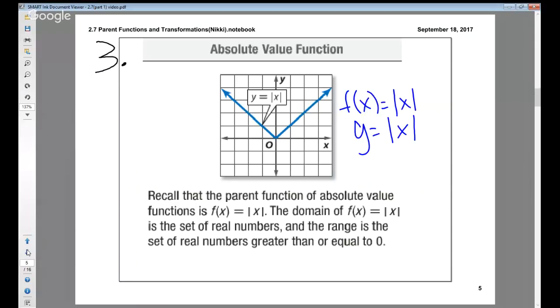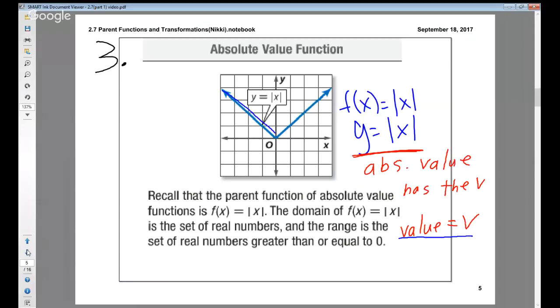In other words, if you remember our little catchphrase, absolute value has the V. Or in other words, value is equal to V. And of course, we say value is equal to V because the absolute value looks like a V when you graph it.